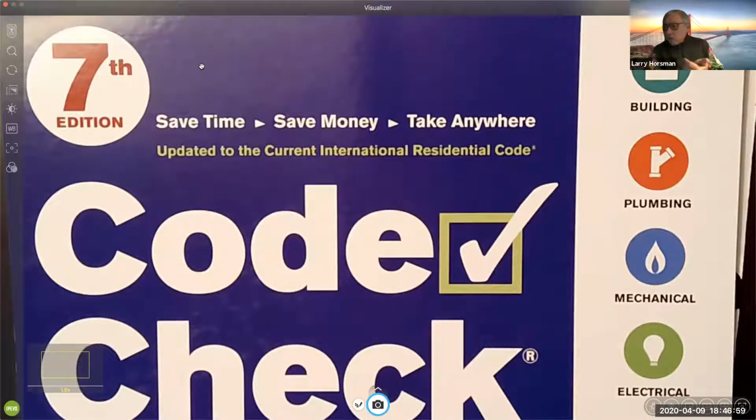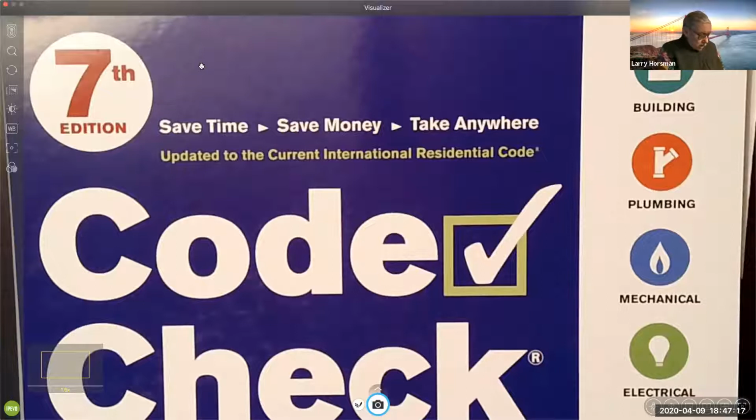So you have to make sure which one you're looking at. This particular document covers building, plumbing, mechanical, and electrical. And so there's some pictures in here that you may find useful, but this is strictly residential.